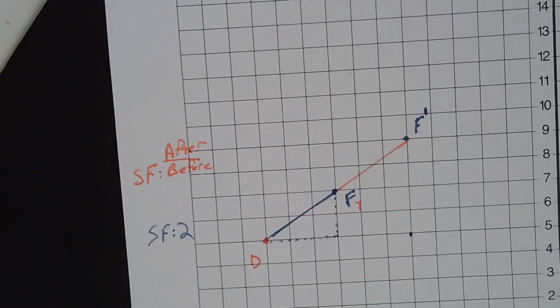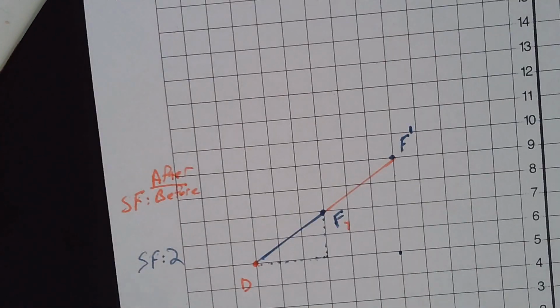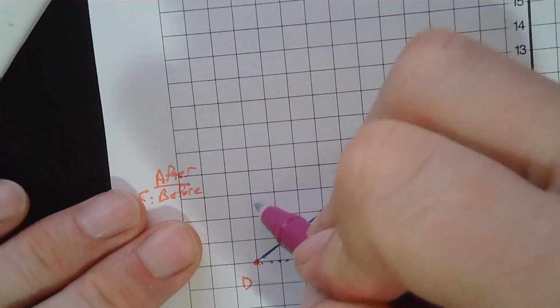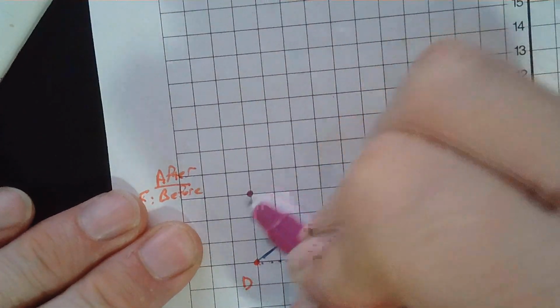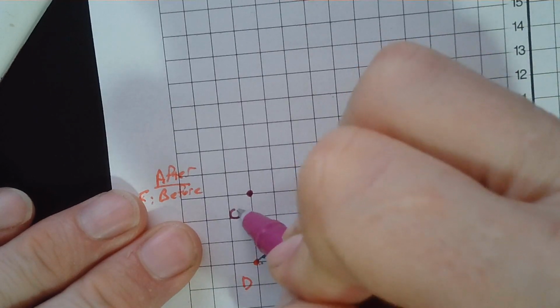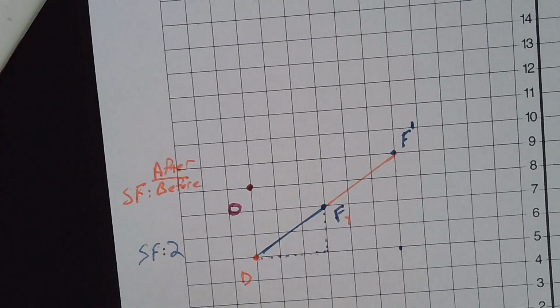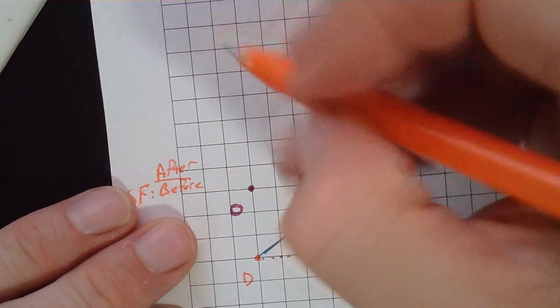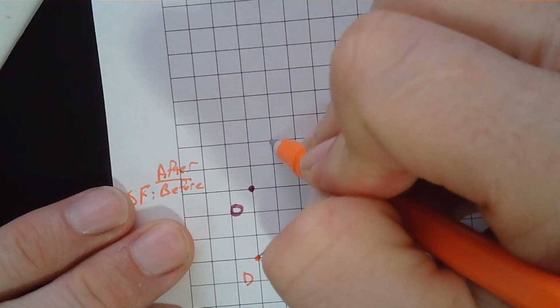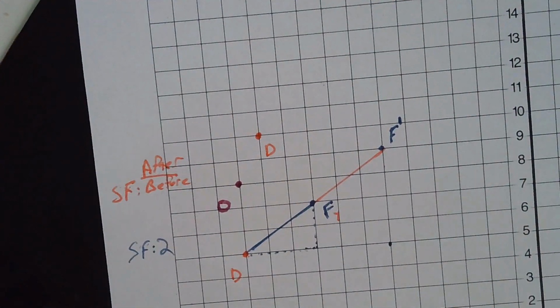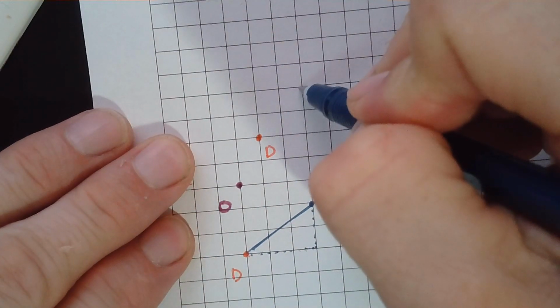Now say I had a point O. And then I had a point D right here, and then I had a point F right here.